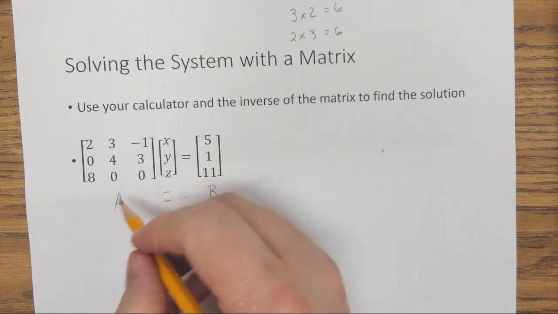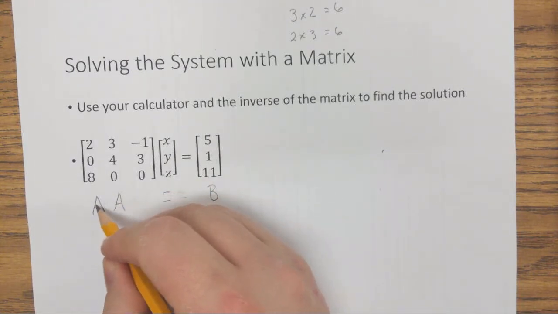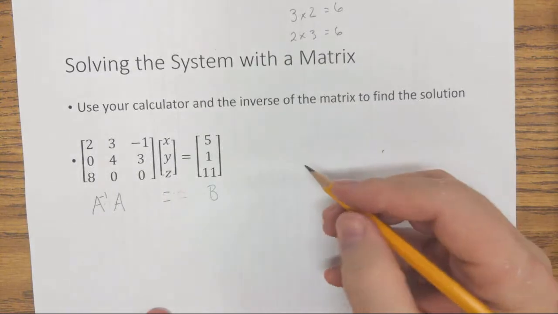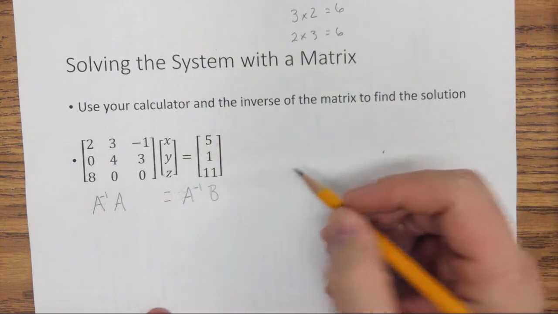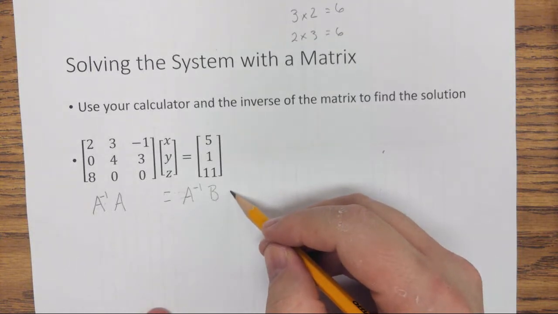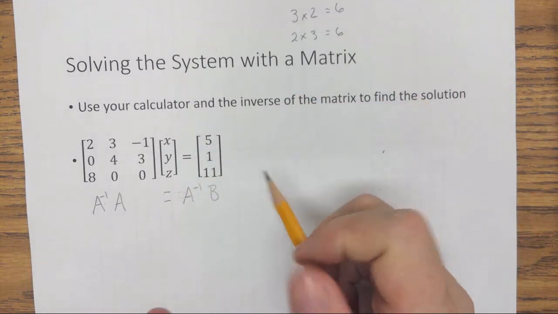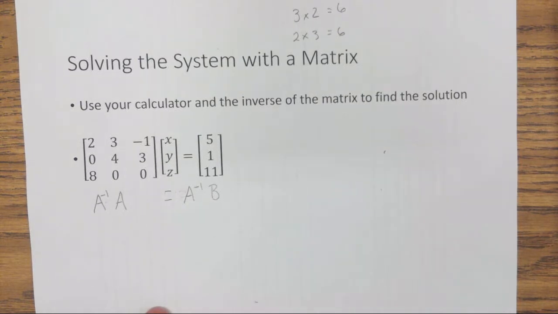So what I'm going to do here to solve this is I'm going to multiply by A inverse there, and then I'm going to multiply by A inverse here. If I were to multiply by A inverse over here, then it would give me a completely different answer than multiplying by A inverse over here.